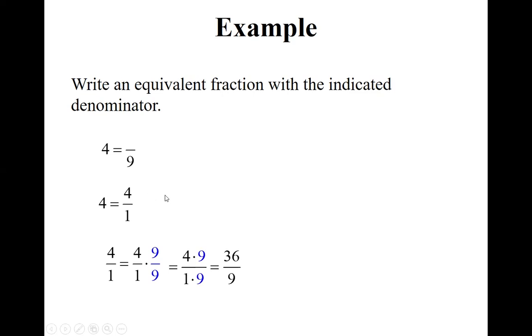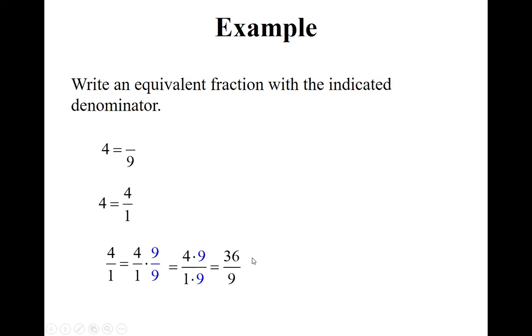So 4 times 9 gives us 36, and of course, the 1 times 9 gave us the 9. So the equivalent fraction to 4 with the denominator 9 is 36 over 9.